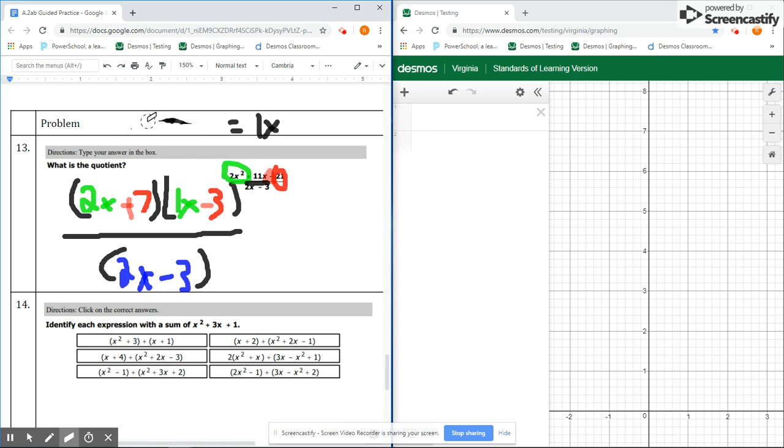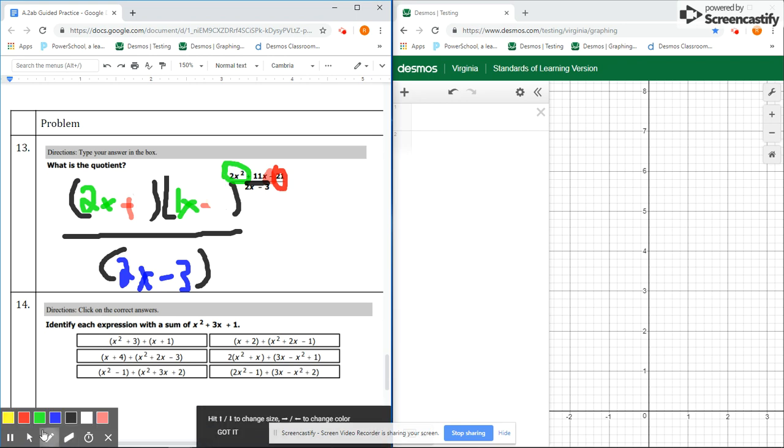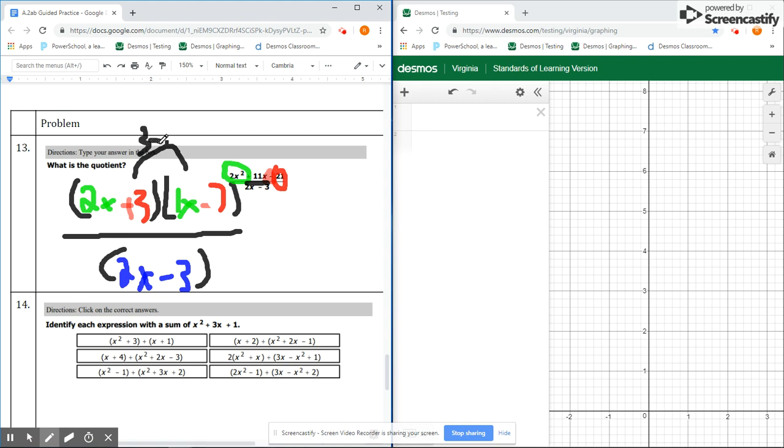All right, so what I'm going to try is switching the 7 and the 3. Okay, if I switch the 7 and the 3, then what are we going to have? This is going to be 3x, and this is negative 14x. That's going to give me negative 11x.